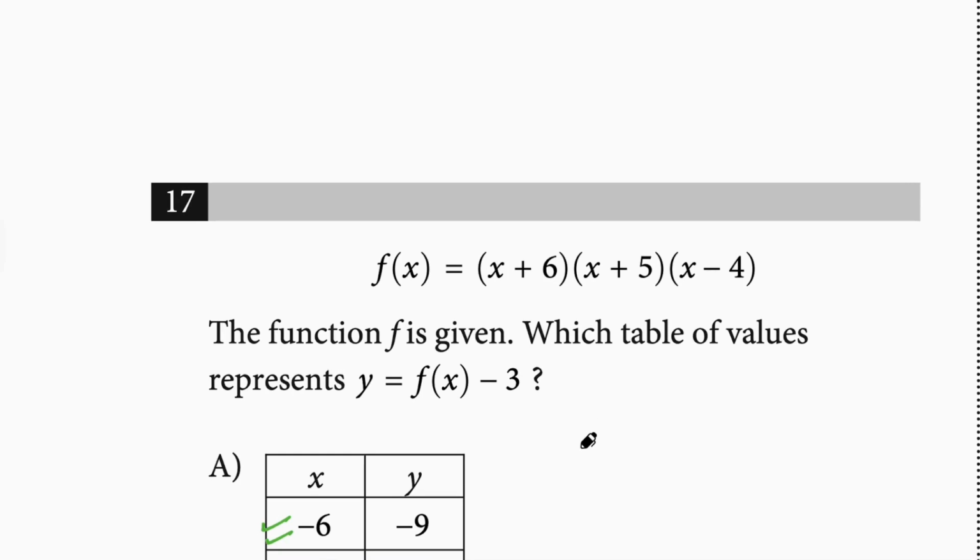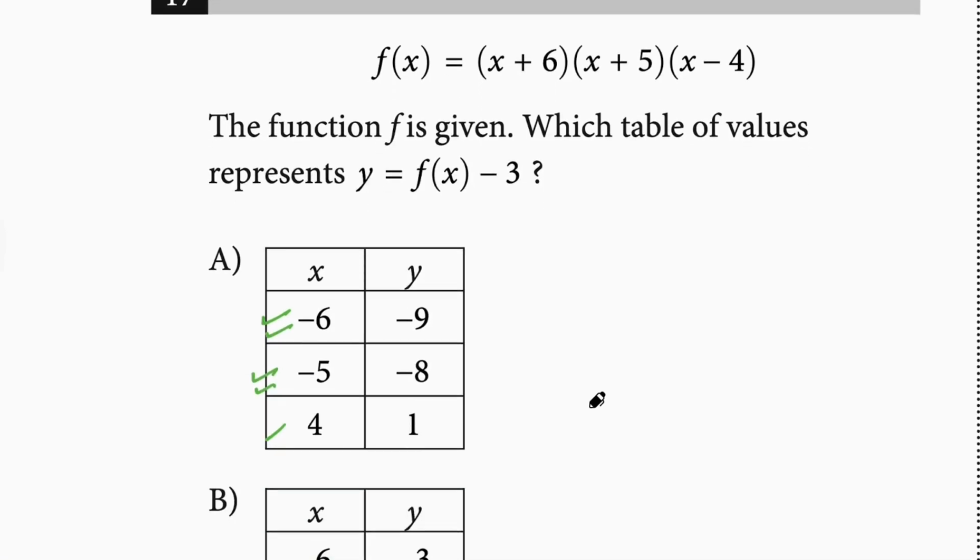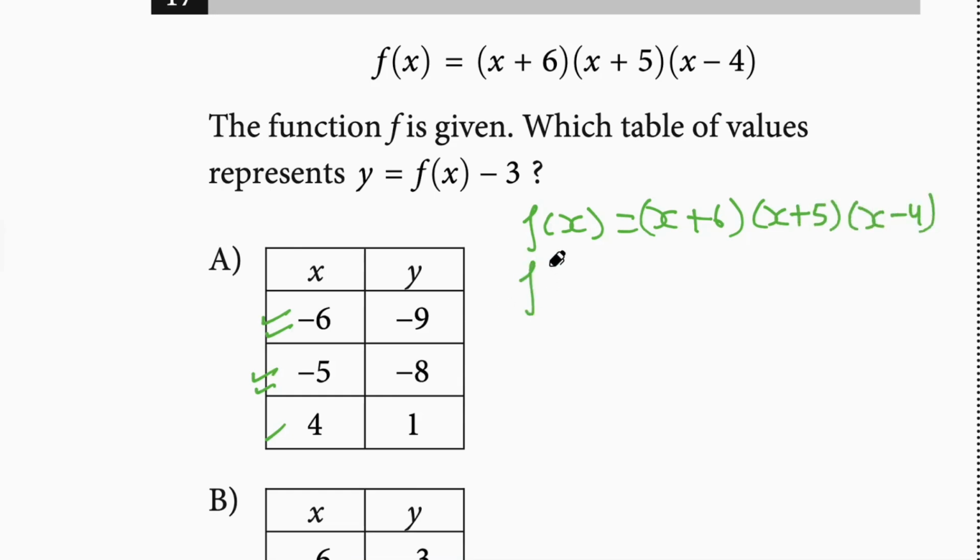Now, as we know, there are multiple ways of doing the questions. So one way is that I'll plug in the values. Okay, let's start from here. F of x is equal to x plus 6 times x plus 5 times x minus 4, and the first of the inputs is negative 6.